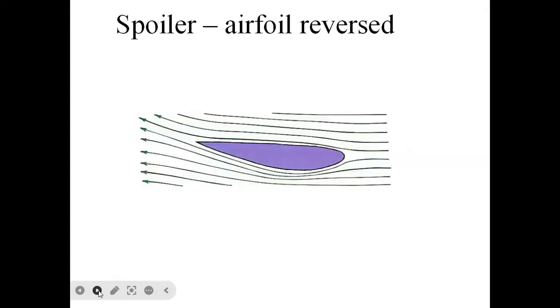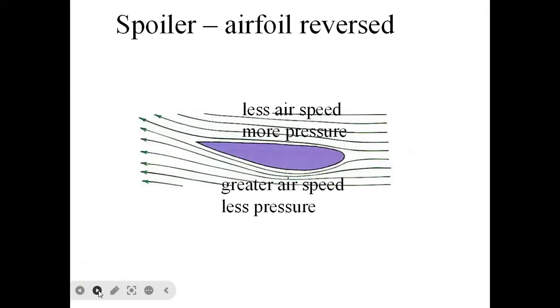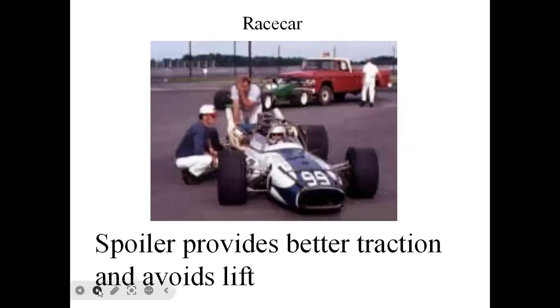So spoiler, airfoil reversed, and greater air speed, less pressure. So less air speed, more pressure. Actually applying this principle, that means Bernoulli's principle, every airplane flies faster. Net force equals downwards.